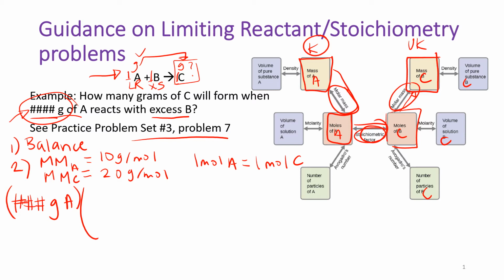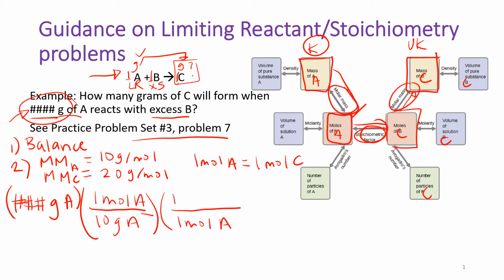So, okay, now we are ready to set all of this up. So we have our mass of A. We are going to convert it to moles of A by setting up the molar mass. So 10 grams of A, 1 mole of A. Now we are at moles of A. We need to use the stoichiometric factor to get to moles of C. And let's make sure everything cancels out.